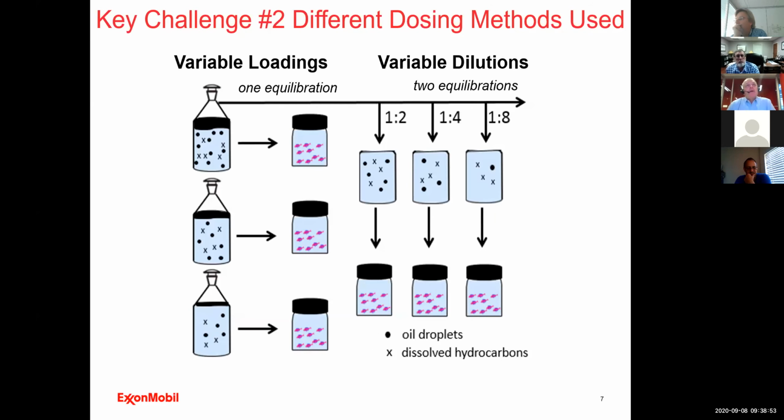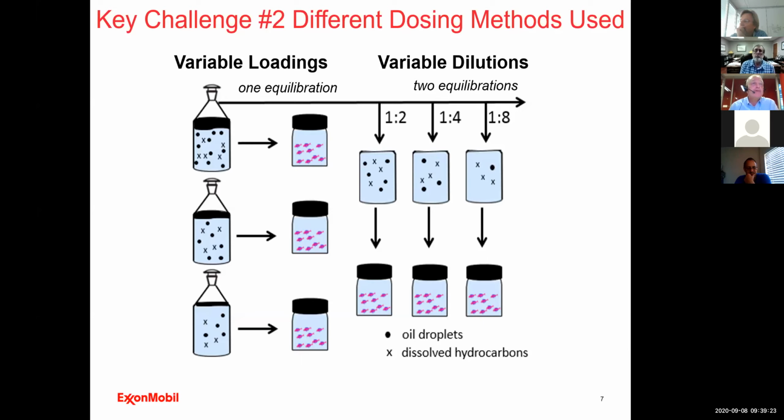A second important challenge is that different dosing methods are used. This slide helps illustrate that there are basically 2 methods that are commonly employed. The first method involves variable loading, in which different amounts of oil are equilibrated in a WAF test system, like I showed you in the previous slide, and then those WAFs are used to expose test organisms.